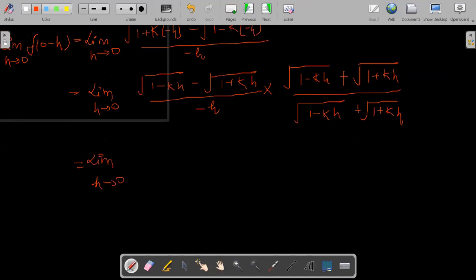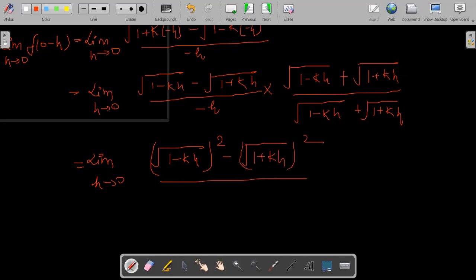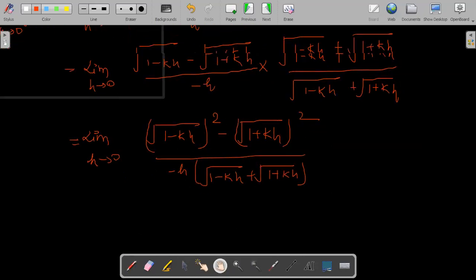Now this is acting like a, this is acting like b, so a minus b and a plus b. So this will give us root over 1 minus kh whole square minus root over 1 plus kh whole square divided by minus h times of root over 1 minus kh plus root over 1 plus kh.